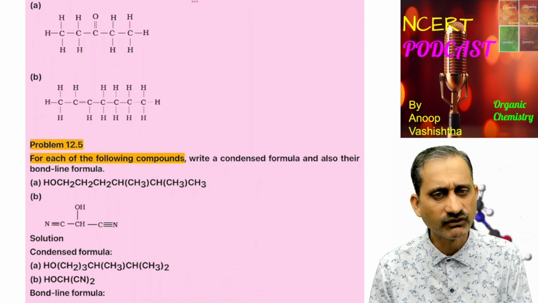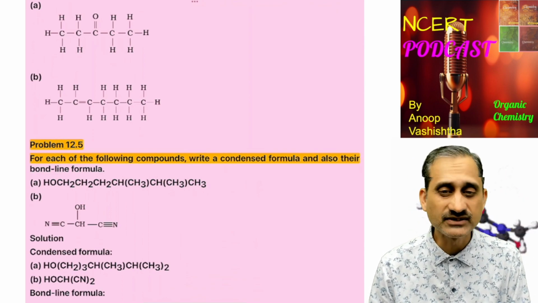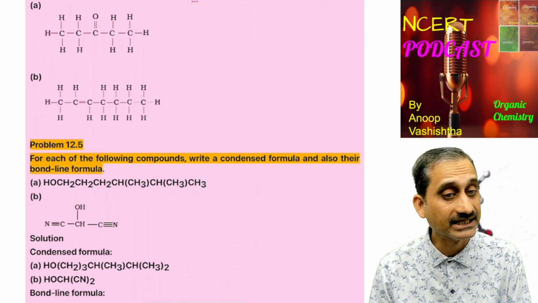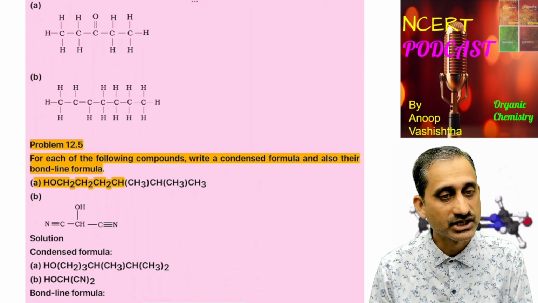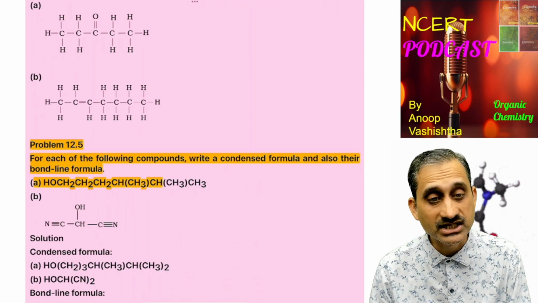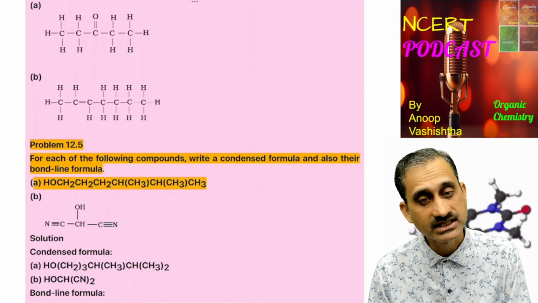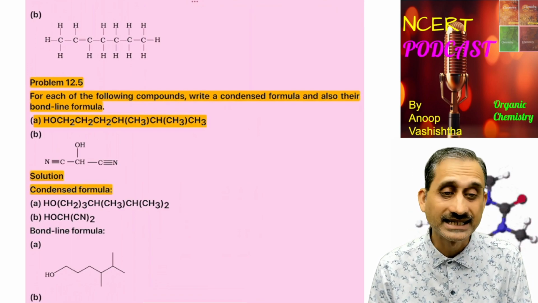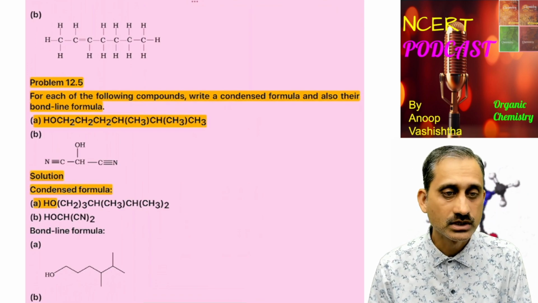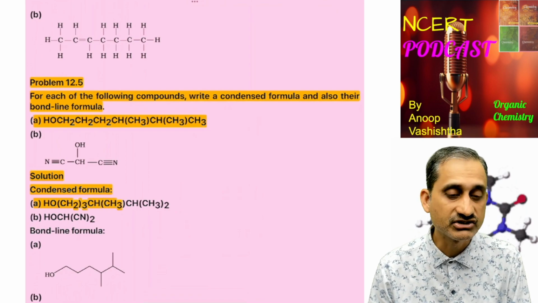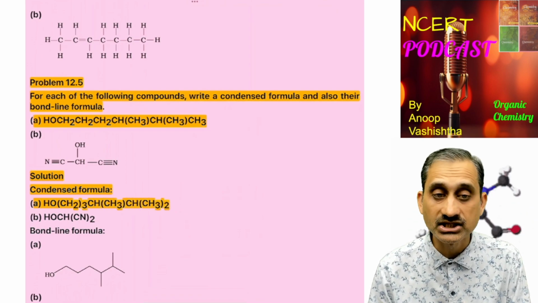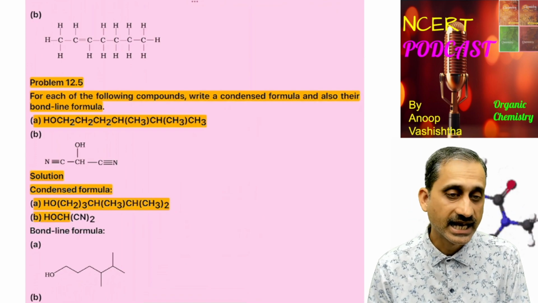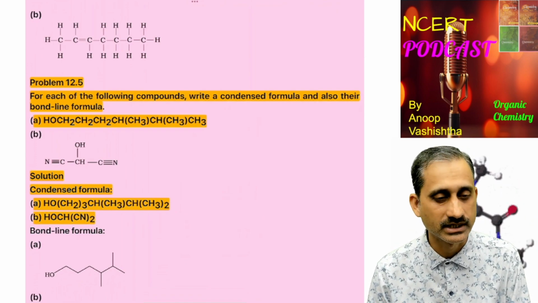For each of the following compounds, write a condensed formula and also their bond-line formula. HOCH2CH2CH2CH(CH3)CH(CH3)CH3. Solution. Condensed formula HO(CH2)3CH(CH3)CH(CH3)2.